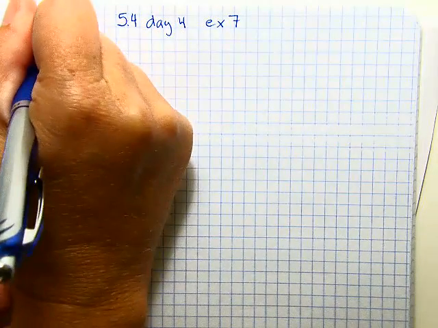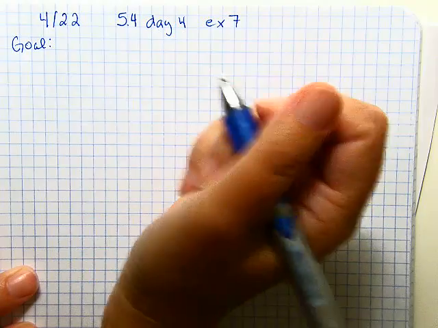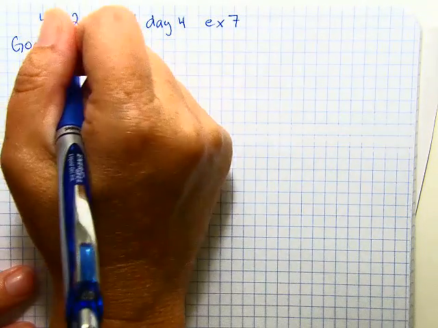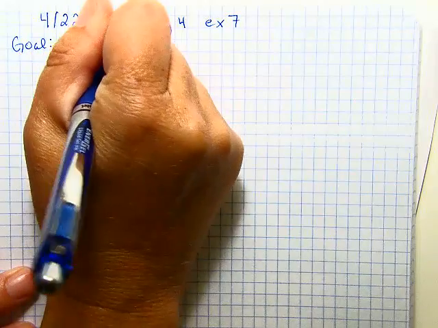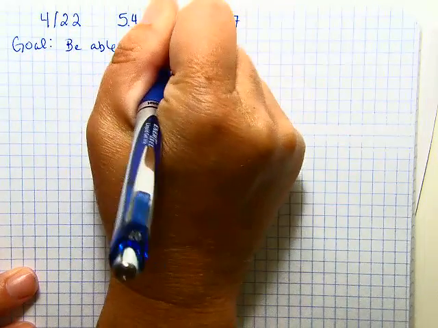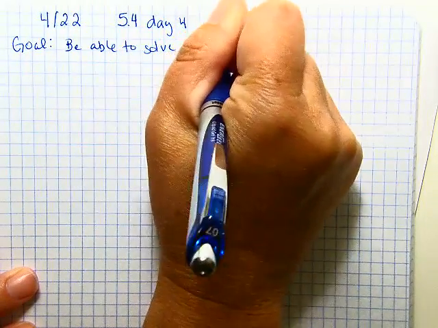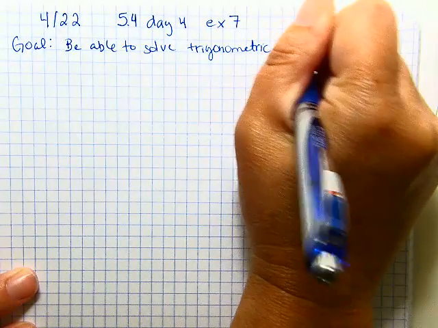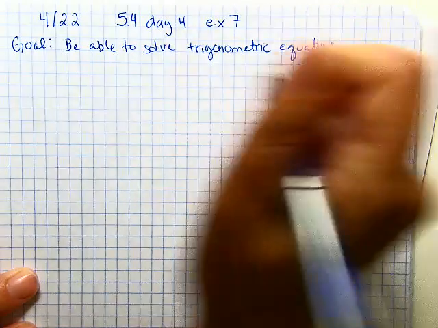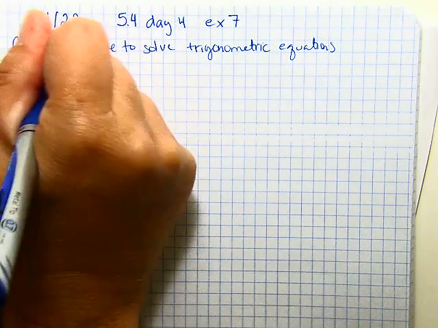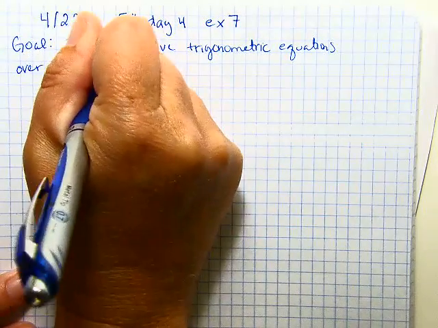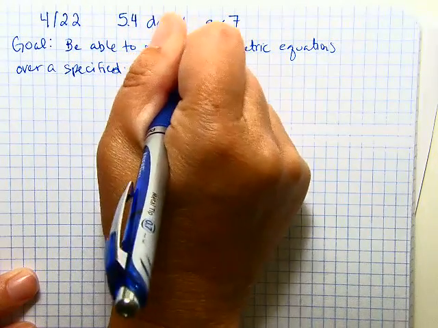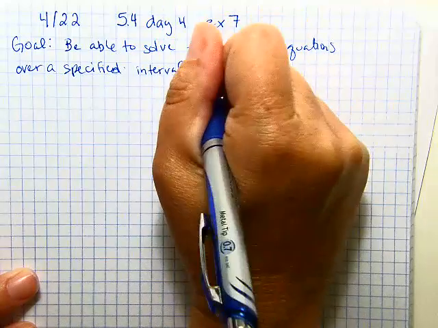And our goal will be, or should you choose to accept, for those of you that appreciate that saying I make all the time, that we will be able to solve trigonometric equations over a specified interval using our sum difference formulas.